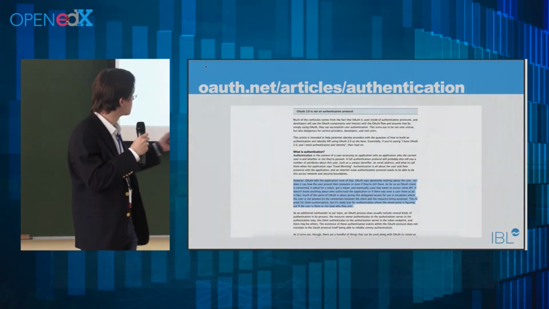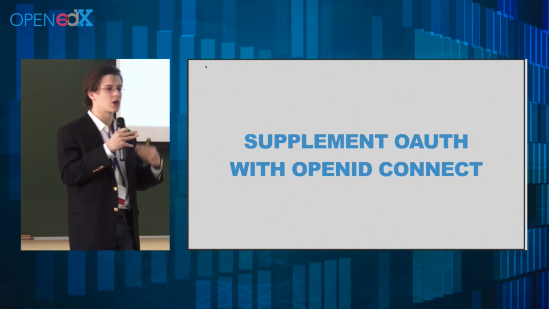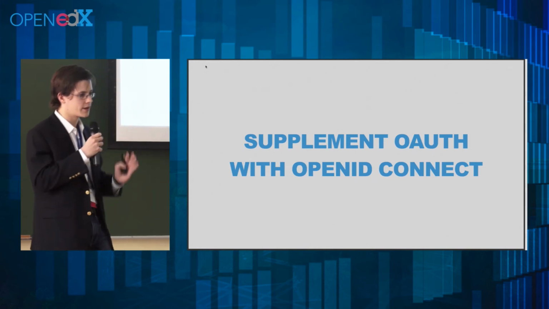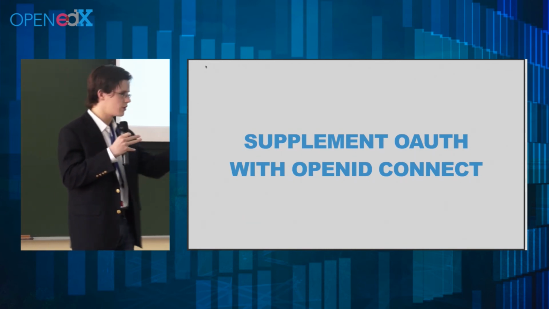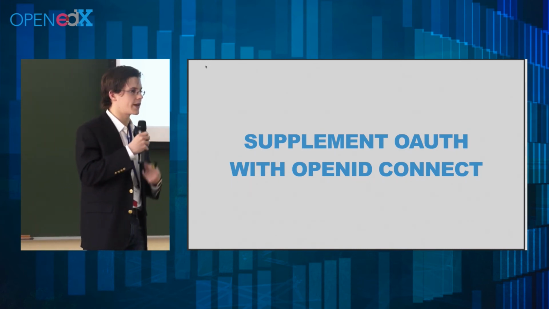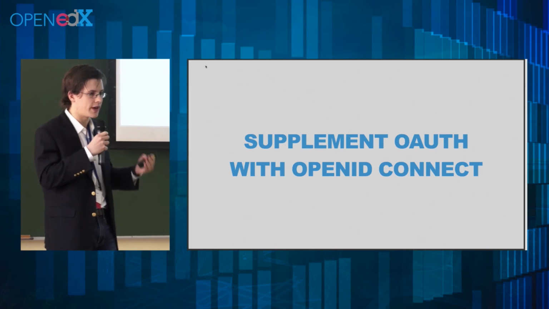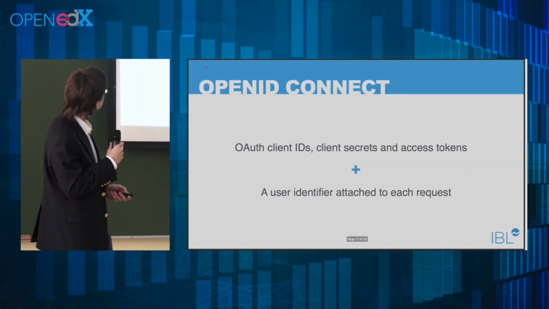The OAuth standard goes more into this, but the solution here is that we have to supplement OAuth with something else, right? Something that takes the standard OAuth flow and adds in user credentials, as well as maybe some information pertaining to the expiration of the access tokens.